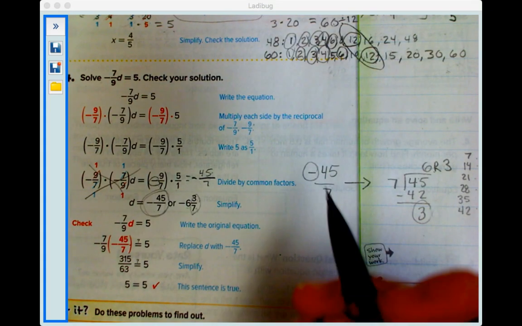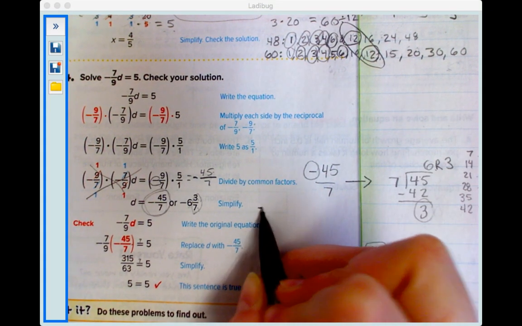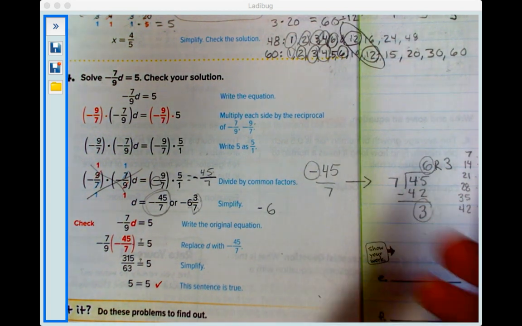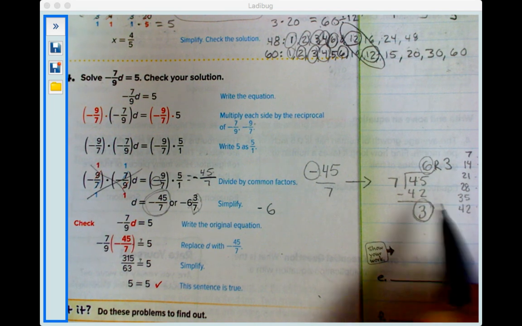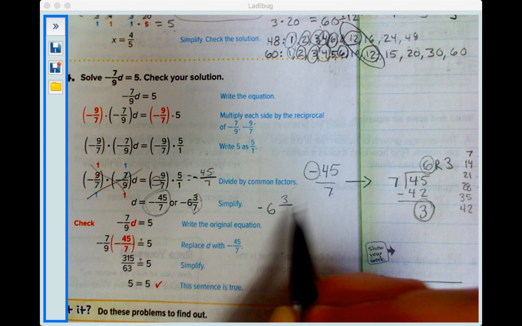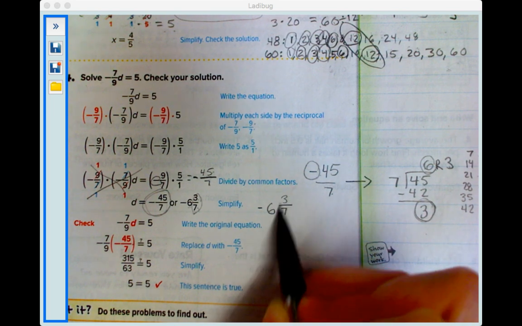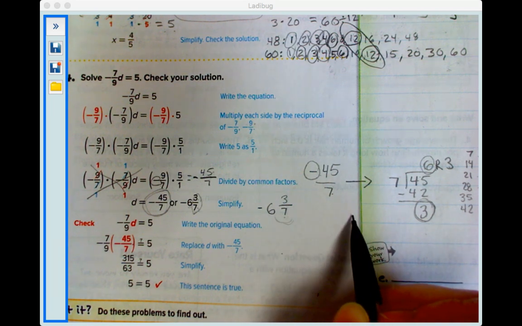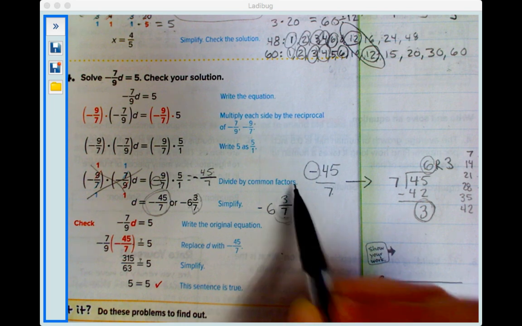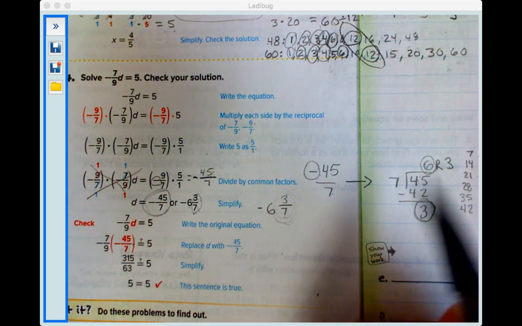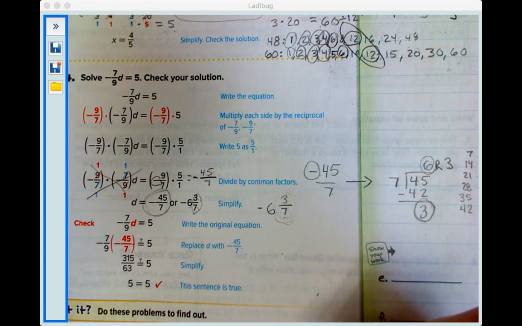Well, your answer will be negative 6 because of this 6 right here. Negative 6 and 3 over 7, because 3 is the remainder divided by 7. That serves as your decimal. Instead of solving for the exact decimal, this is a rounded version of that decimal that you do not need to solve. And this is correct.